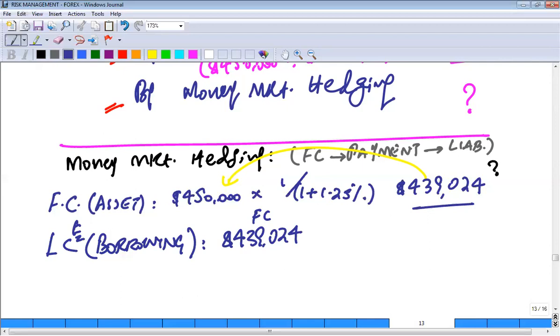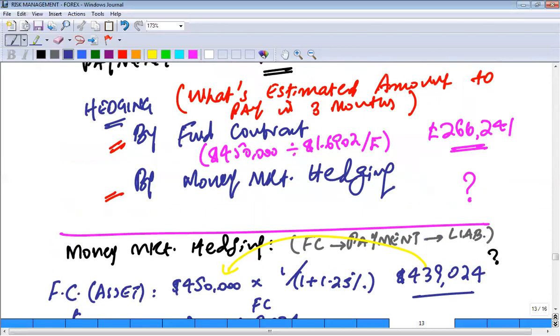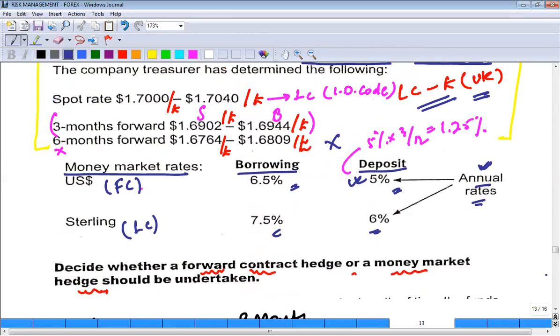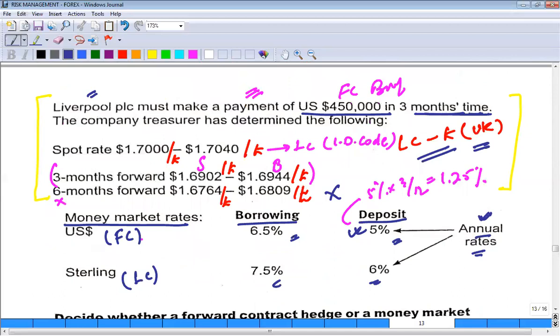Actually, we have to buy this foreign currency from the local market. So what is the spot rate? If we have to buy the foreign currency, the bank will sell. If the bank sells, indirect quote, lower one is selling, higher one is buying. That is 1.7.